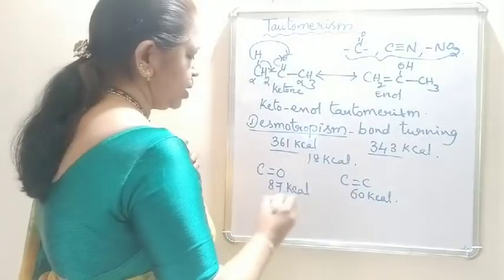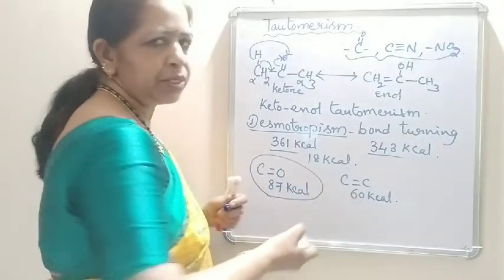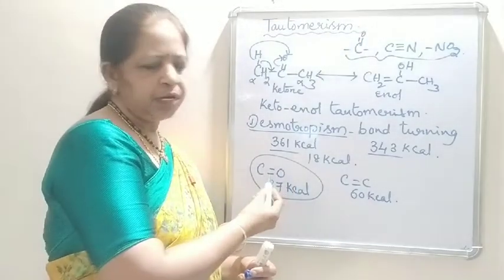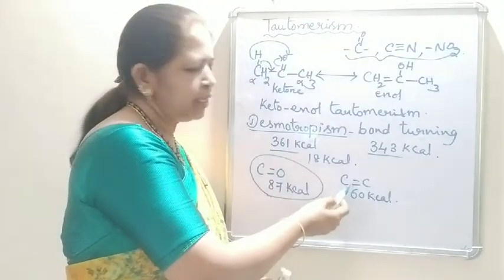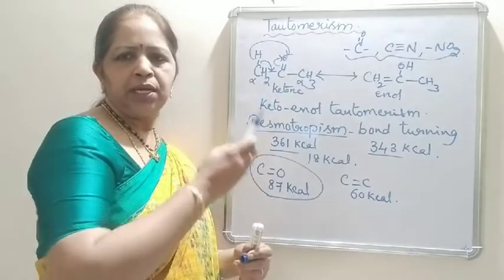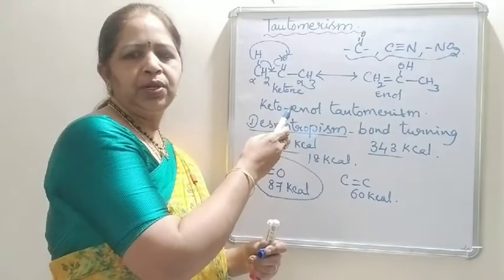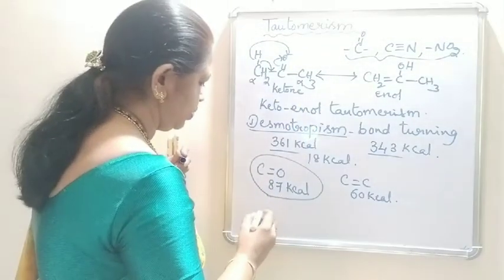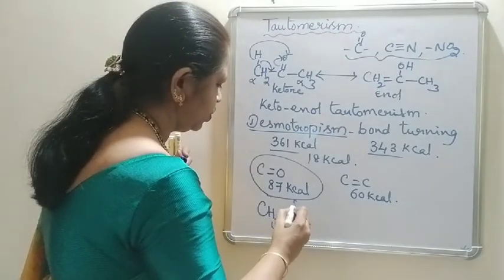Because of this reason, compounds having a carbonyl oxygen, that means C double bond O, are more stable than compounds having C double bond C. That's why in normal aldehydes and ketones, the keto forms are more stable than their enol forms. If we see acetaldehyde, it is an aldehyde, CH3 C double bond O H.